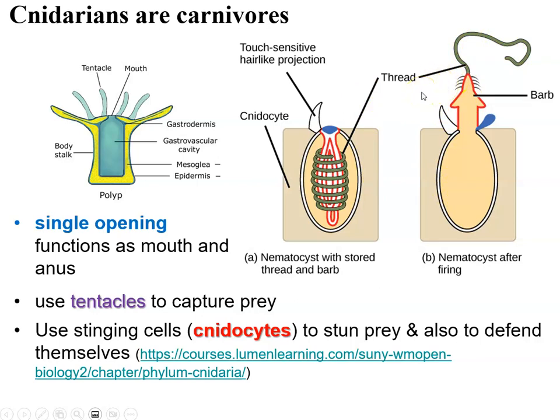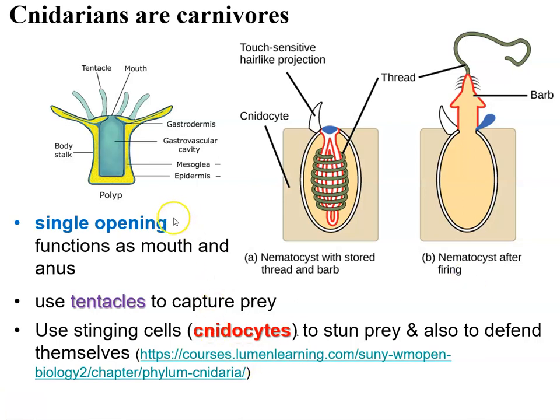And sometimes, depending on the species of cnidarian, it can actually stun the prey. It can sting them, but also just trap them because it has the barb and this thread that kind of wraps around things. So they use their tentacles to capture the prey, and then they bring them to their mouth. So their cnidocytes can be used both to help with feeding and also to defend themselves from being predated upon.